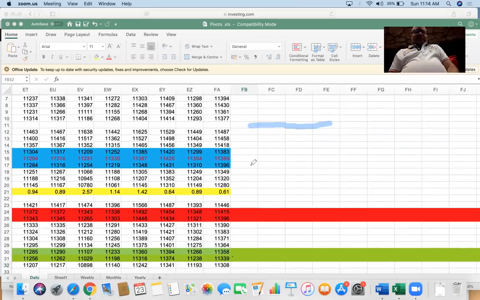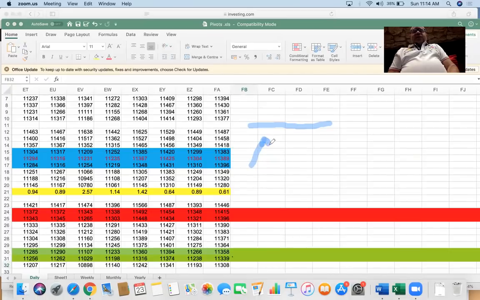Chances are that we gap somewhere 50-60 points from Friday's close, which was 11,377. Okay, and because global markets are up, etc., you don't want to buy at 11,420.